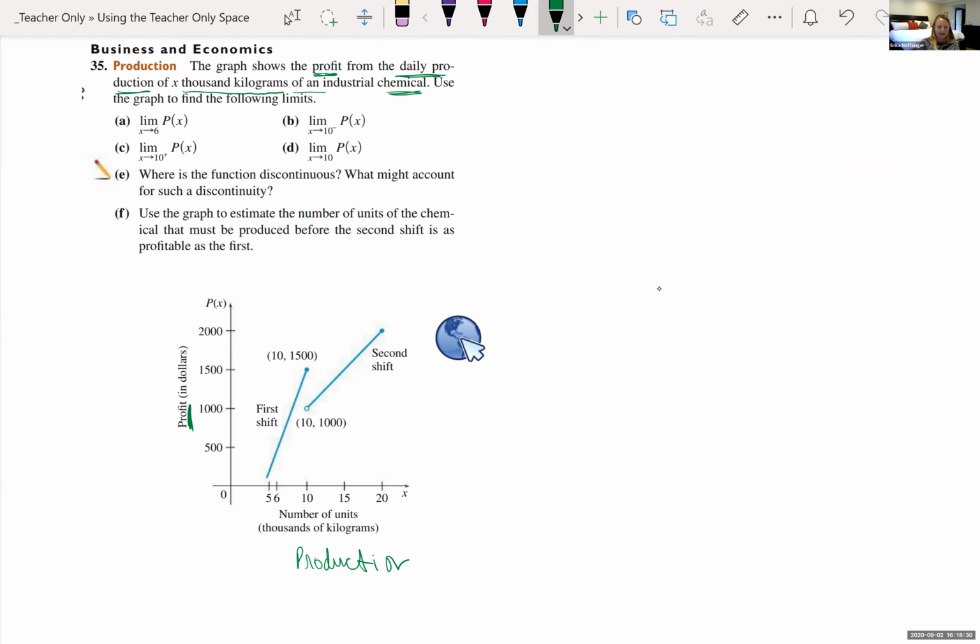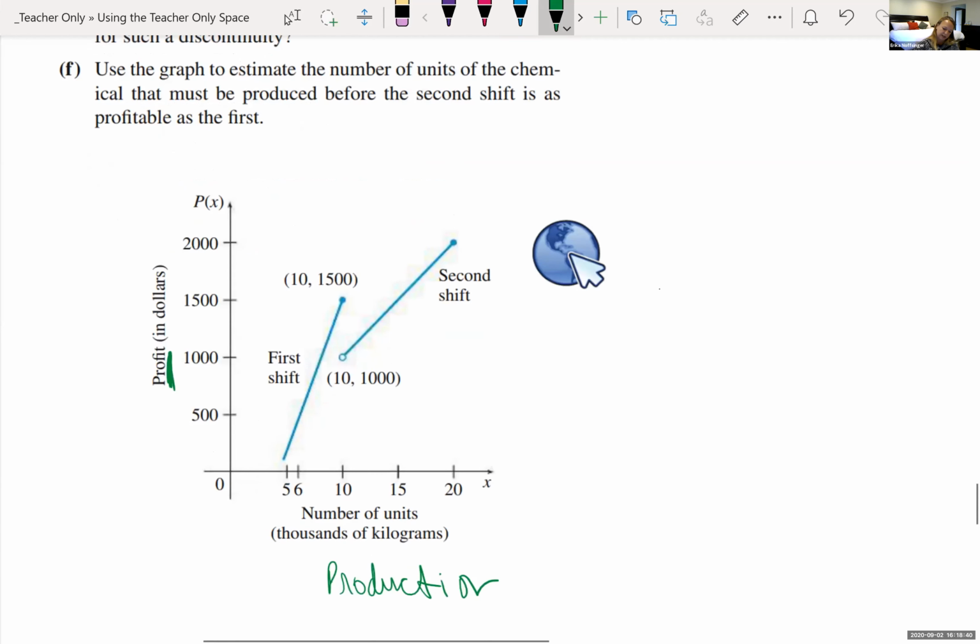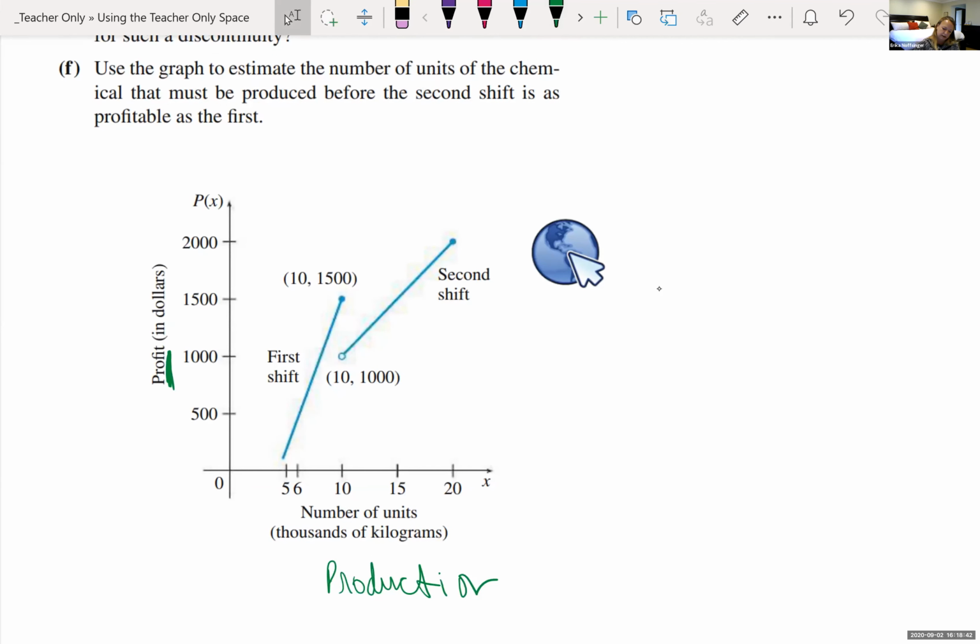And now they said, find the limit as x is approaching 6. So first thing you want to do is go to your graph, and let's look at where x equals 6 on that graph. So x equals 6 is here. And so if we come up, we want to see where we're hitting the graph on the y-axis. So it looks like it hits the graph right here, and it looks like we have about 500.